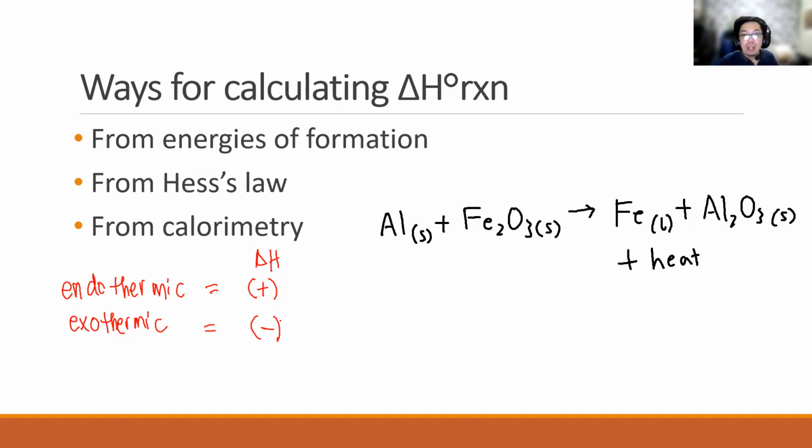What type of reaction is this, Josh? Substitution reaction. Very good. This is a single substitution reaction wherein aluminum will replace the iron in your solid iron oxide to form Al2O3 or aluminum oxide. So, single substitution reaction. How about endothermic?